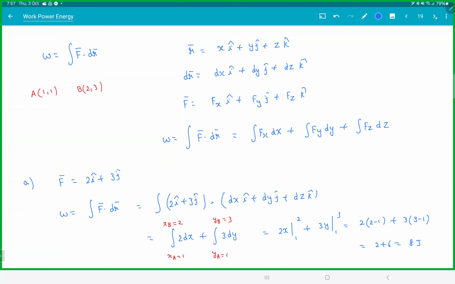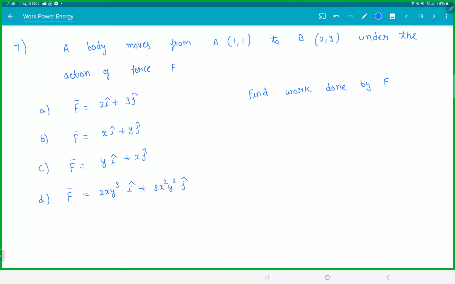All clear with this first part? Can you try C? C and D are something else.